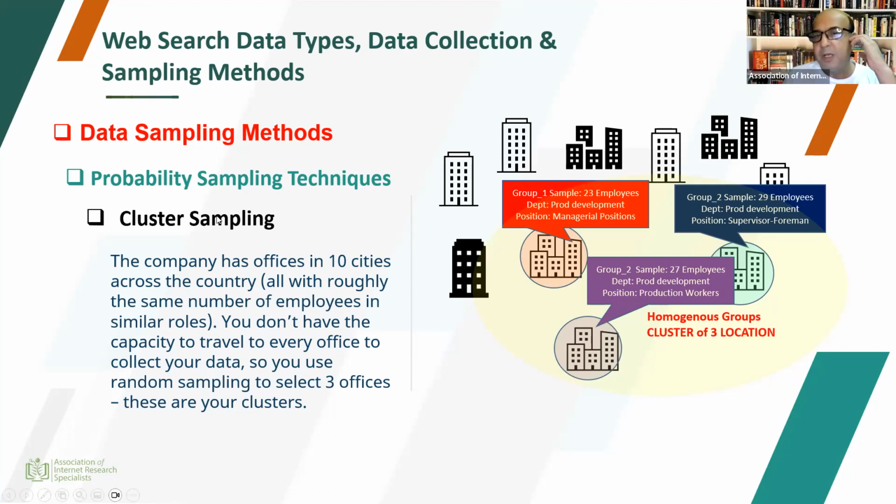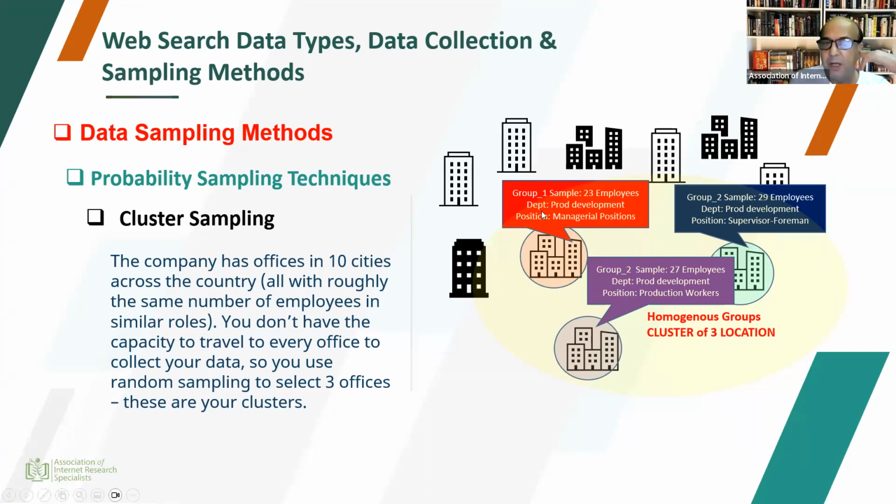An example of cluster sampling is shown here, where you have to assume that each of these circles are different geographic locations. And what is called a cluster here is identified with this oval shaped background, or this yellow colored highlighted portion, which is picking up, let's say, three different locations.